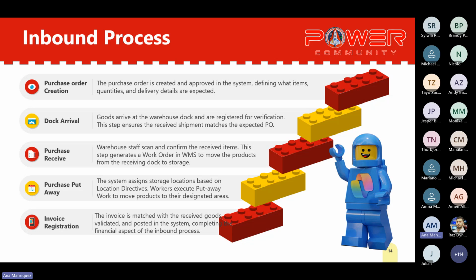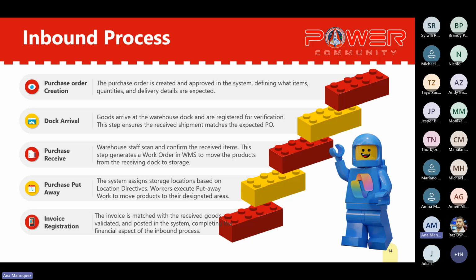So the purchase order needs to be created and approved in the system, defining the item, the quantity, the delivery, and the price. Then we have the dock arrival, receiving at the warehouse dock, in an inbound staging, because it's the first receiving area in our warehouse layout.